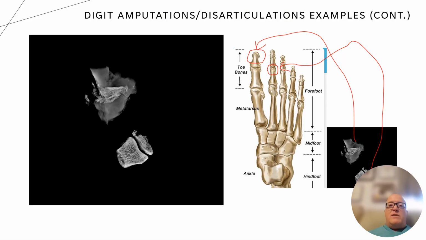Here's another example where there were no op notes. So I actually x-rayed it, and then I called the surgeon as well to verify that I was accurate in my anatomy and what was received. So this is really important.